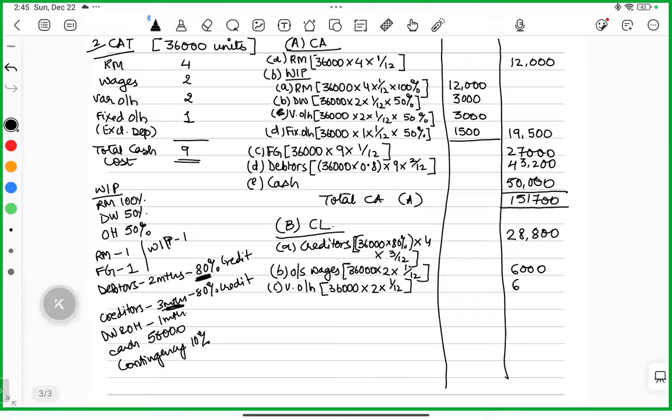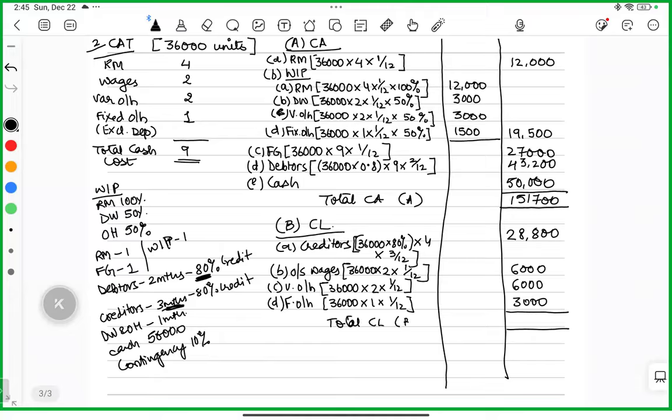So 1 by 12. So variable overhead outstanding is also 6,000. And fixed overhead, 36,000 into 1, which is total fixed overhead for whole year. And outstanding is for 1 month. So into 1 by 12, 3,000.